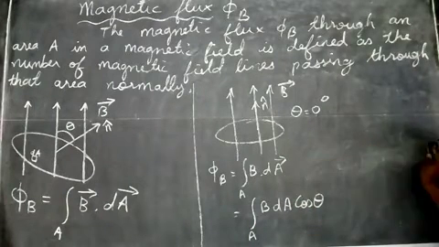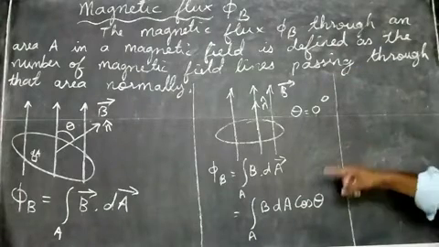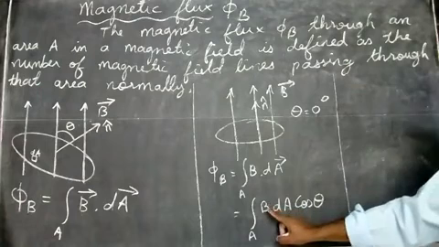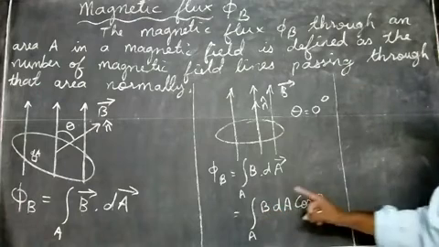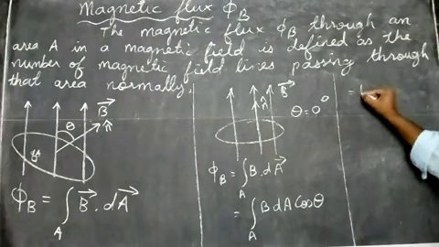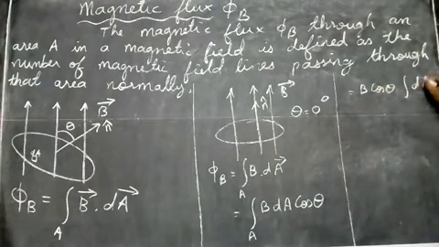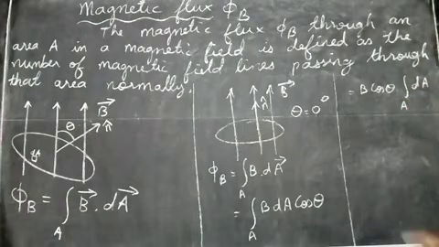Magnetic field is a constant, and cos theta also is a constant, so we take them out. We have B into cos theta into the integral of dA. The integral is A.